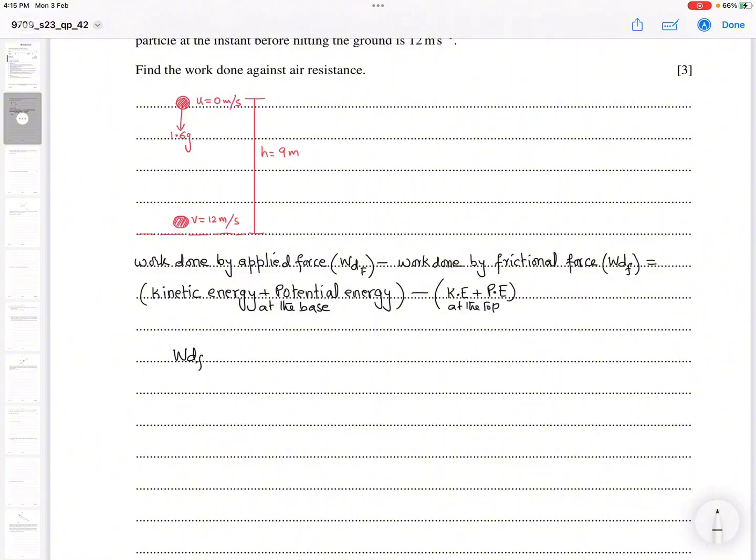WDF minus work done by the friction force, and that is equal to kinetic energy plus potential energy at base minus kinetic energy plus potential energy at the top.